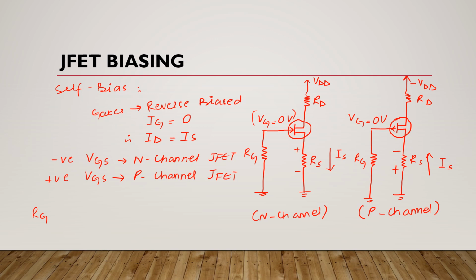Therefore, the gate remains at 0 volts. This gate resistor is necessary only to force the gate to be at 0 volts. Okay, so this is self-biasing of junction field effect transistors.